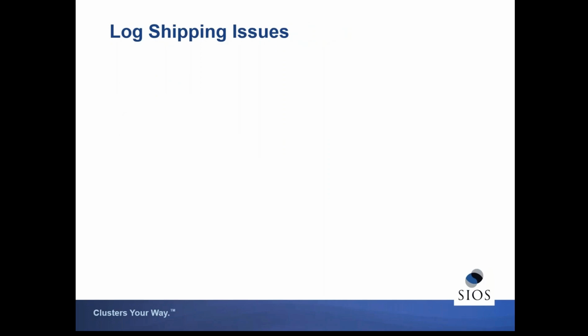So, what are the issues that I see with log shipping when it comes to setting up in a cloud environment? Well, the first one is this log shipping. It's a pain to deal with. Now, the nice thing about log shipping is it's been around forever and it's rock solid. But there's no automated failover, so there's no clean way to get things across.